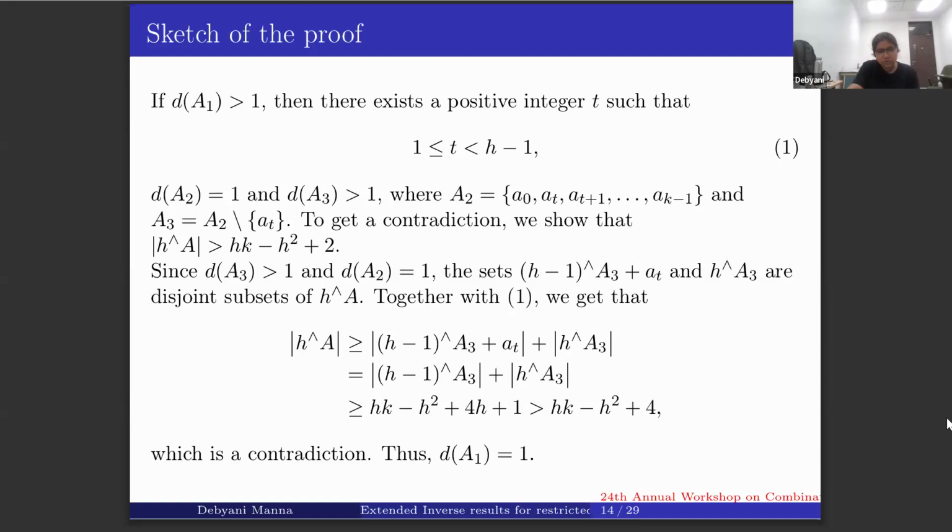Here we have used the optimal bound of the restricted h-fold sumset. Then it would be greater than or equal to hk - h^2 + 4h + 1. Now, since h is greater than or equal to 3, this is obviously greater than hk - h^2 + 4. So we have proved that the GCD of A1 is 1.